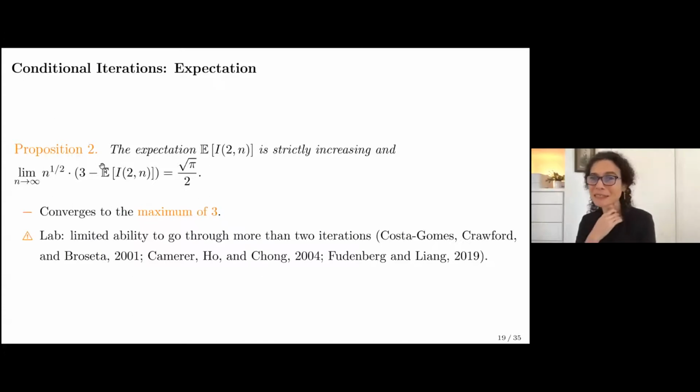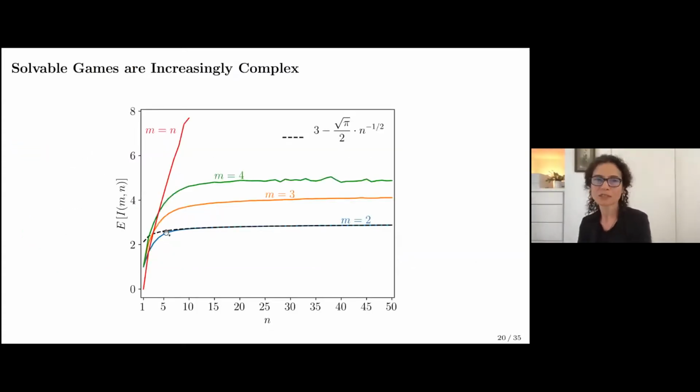So this is a little bit alarming, and I already mentioned it in the beginning, because these are, in principle, some of the simpler games that we're looking at. And we know from various data sources, particularly experimental, that players often have a fairly hard time doing more than 2 or 3 iterations. And here, even in these games, we reach 3 pretty quickly. And just to show you a figure, this is what it looks like.